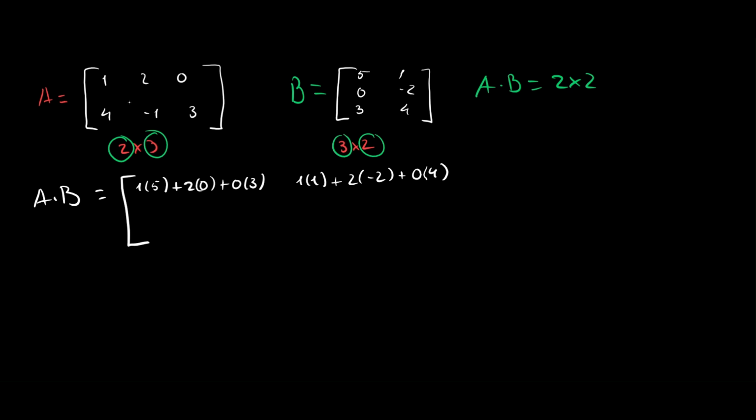And let's do exactly the same, but with row 2. We're going to multiply 4 by 5 plus minus 1 by 0 plus 3 by 3. And let's multiply row 2 by column 2.